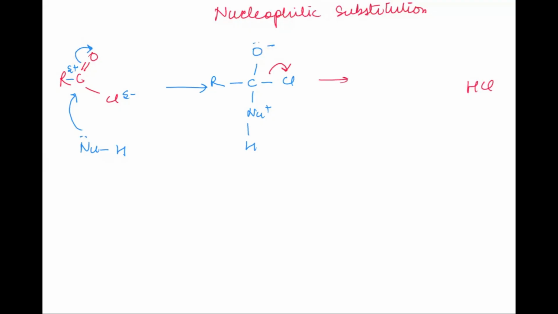And eventually, when this chlorine dissociates from the intermediate, the double bond of this oxygen will be reforming back again. So we will have the compound R, C double bond O, and the nucleophile, whether it's water, ammonia or an alcohol, will be connected.